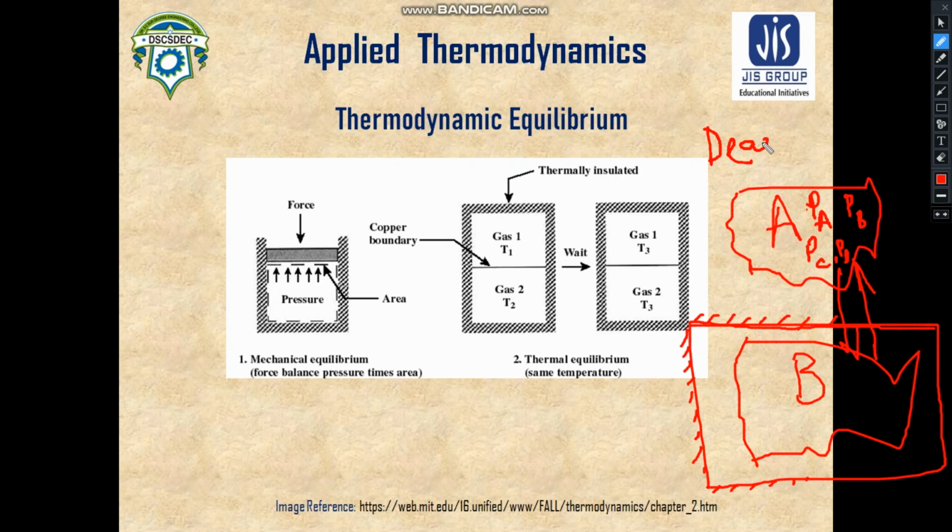Okay, so this state is called the dead state. Dead state means there is an equilibrium present within the system. This is from the point of view of internal equilibrium when we are isolating it from the surroundings.